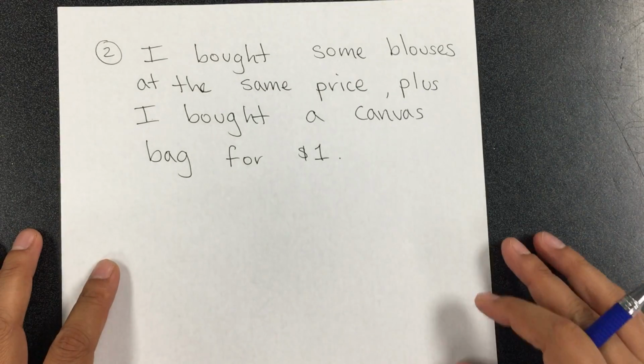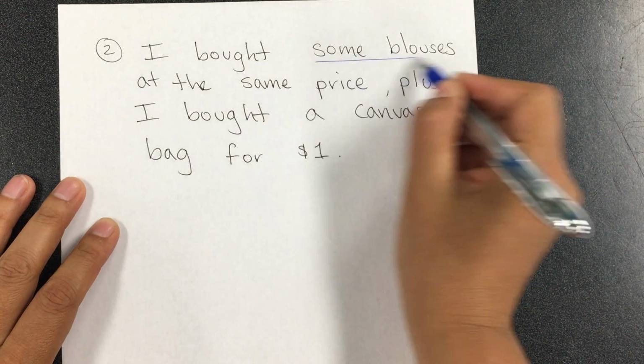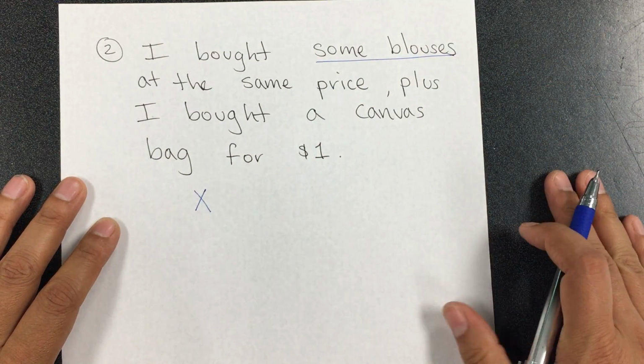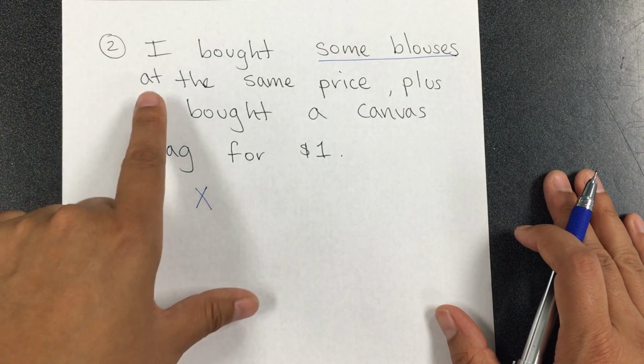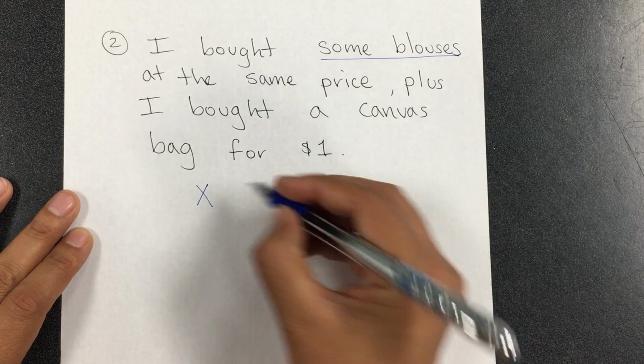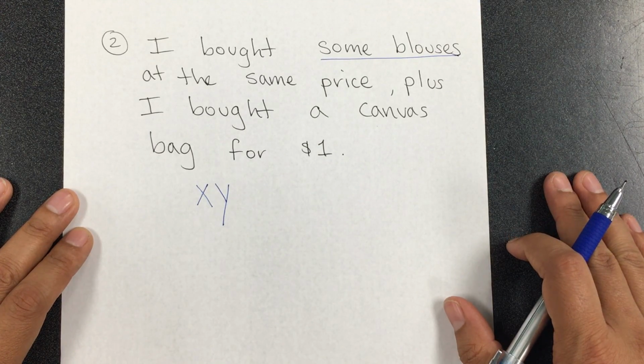Okay, it says, I bought some blouses. Do we know how many blouses? No, so that's going to be represented by a variable. At the same price, do we know the price of each blouse? No, so that's going to be another variable.